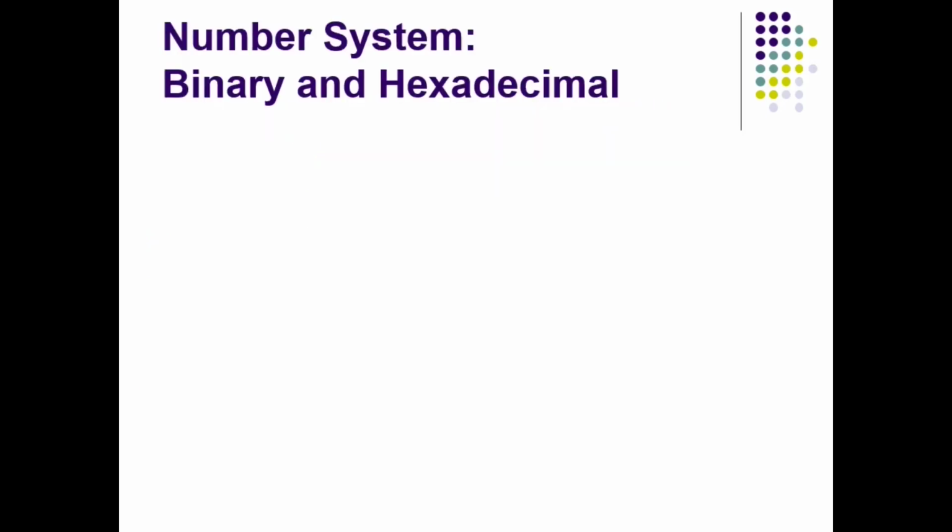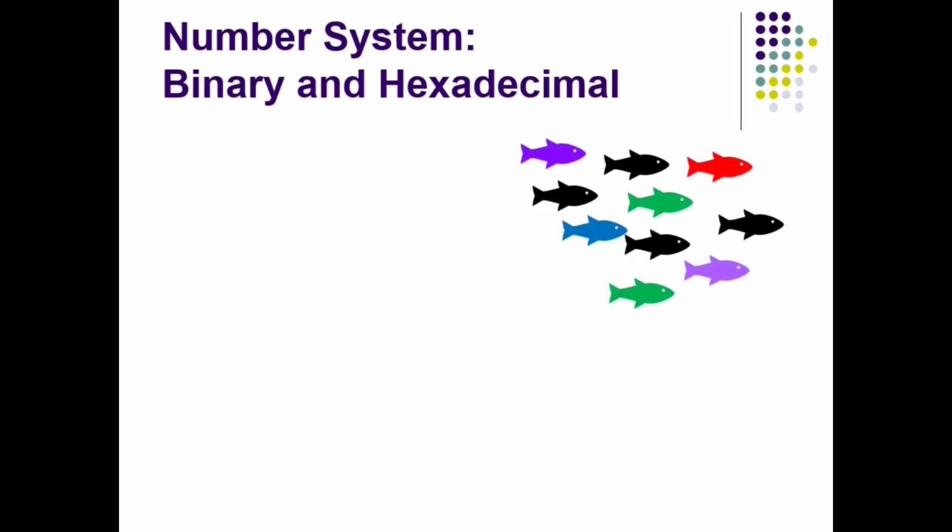There are various number systems other than binary and hexadecimal. We have the decimal number system and the octal number system. We use the decimal number system in our everyday conversations. There is one thing you should clearly understand and remember about various number systems. Let me explain that using an example. Let us assume that you have 10 fishes in your home. When I say 10, I have used the decimal number system to represent the quantity of fish.